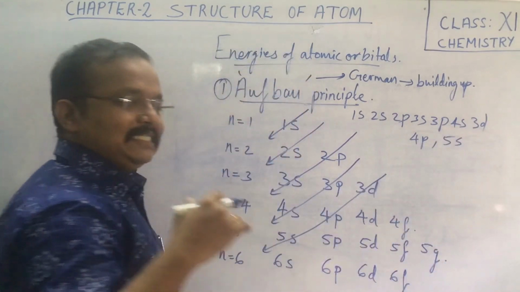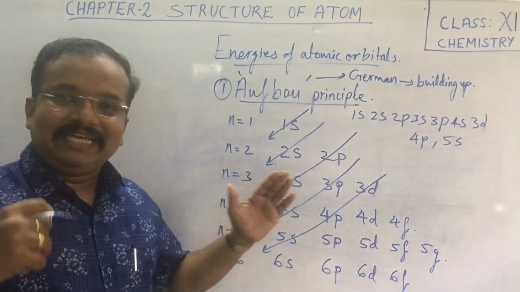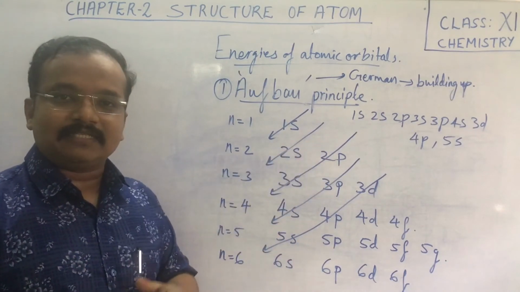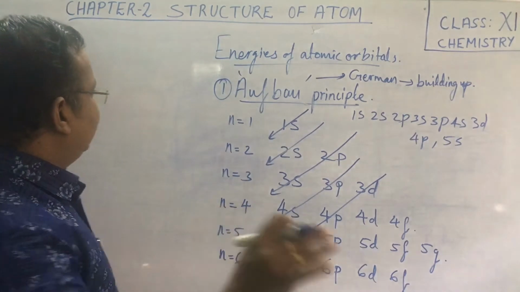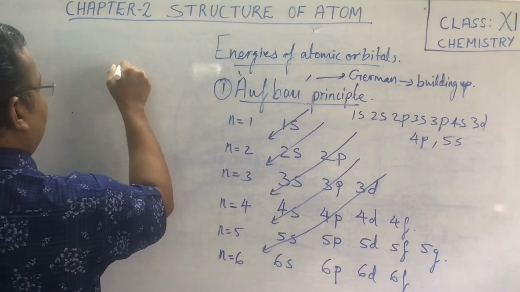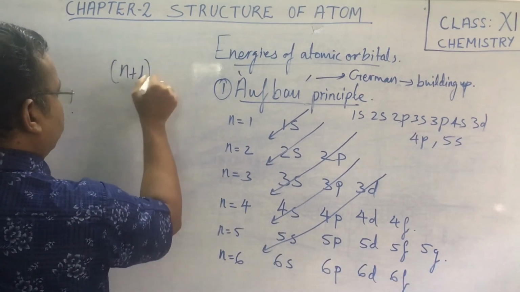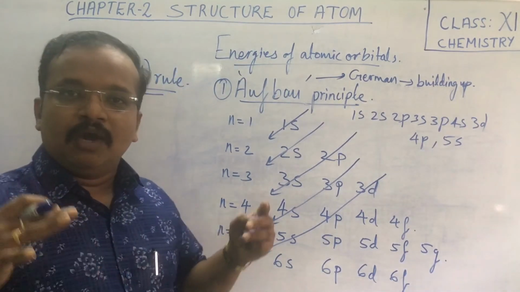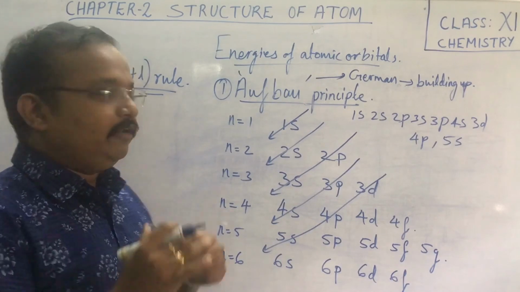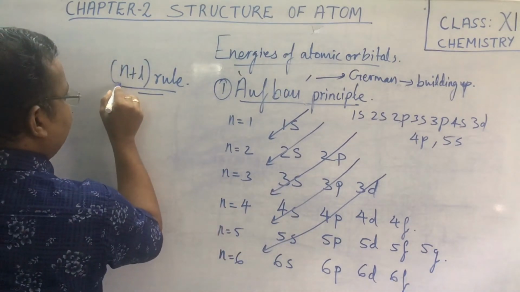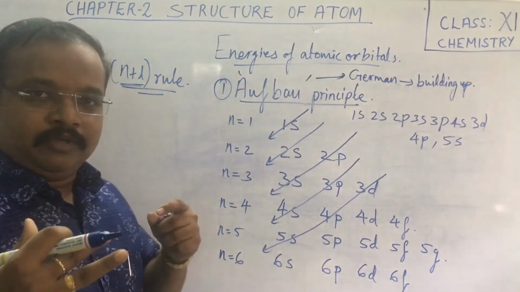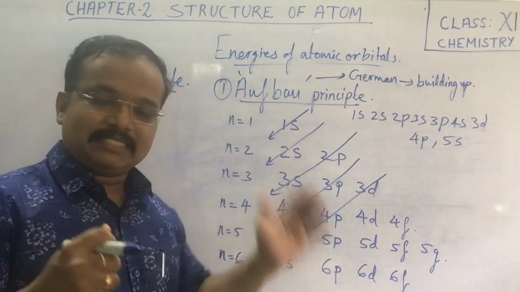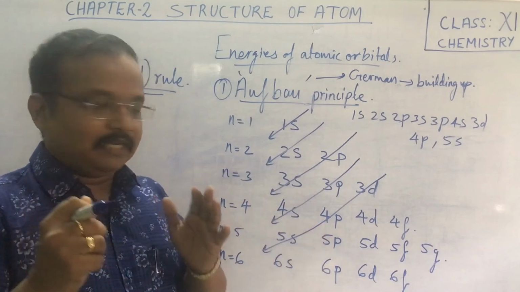So children, this is actually according to the increasing order of their energies only. How do we find these energy levels? This is using a principle called the n plus l rule, which is also called the Bohr-Bury rule. The orbital which has the higher n plus l value will be filled later, and the one having the lower n plus l value is filled first.